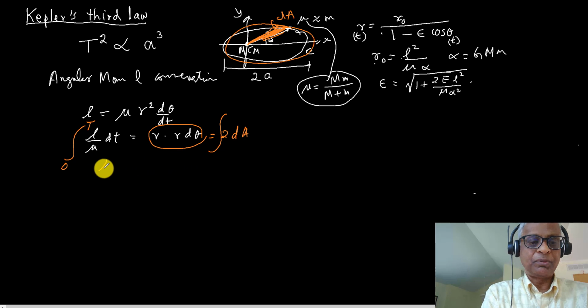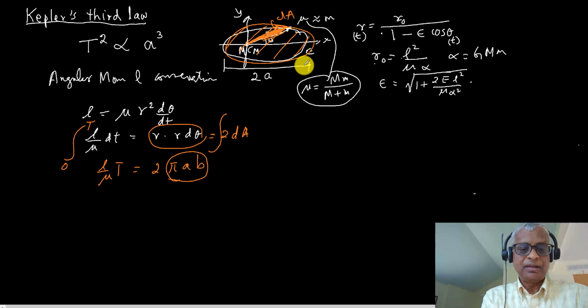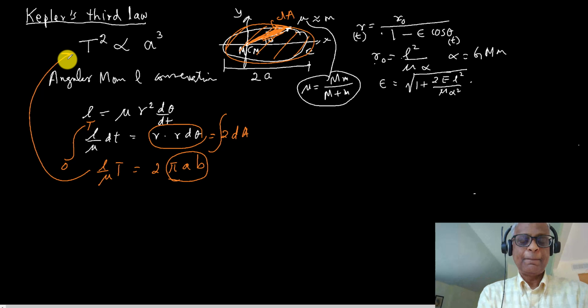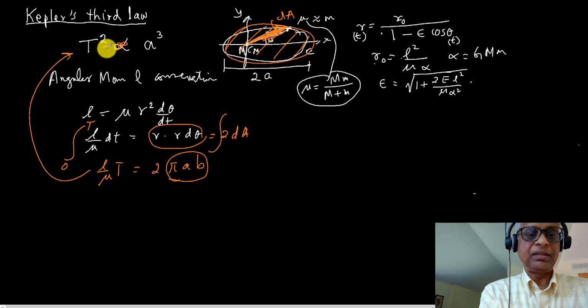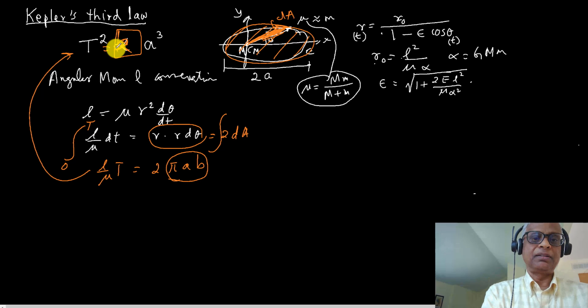So this will be L over mu times the period, equal to 2 times the area, which will be pi times a b. This is the area of the entire ellipse. Now this has the information, this leads to that, and in particular it gives me an explicit expression of k, the constant of proportionality.